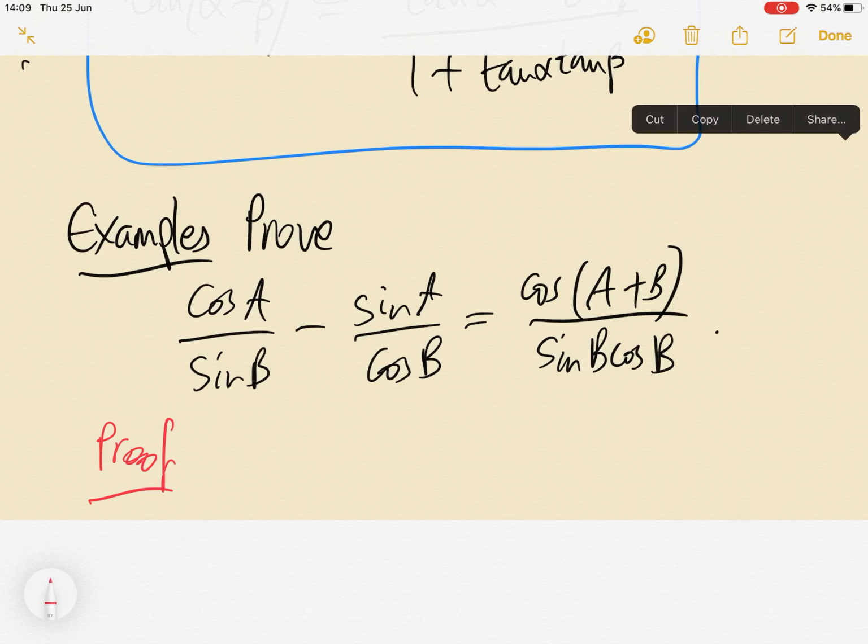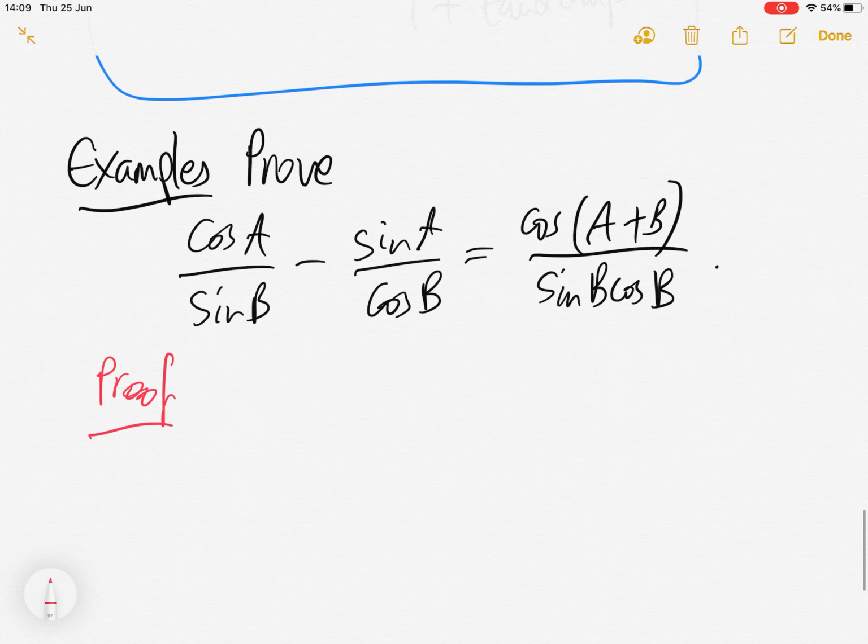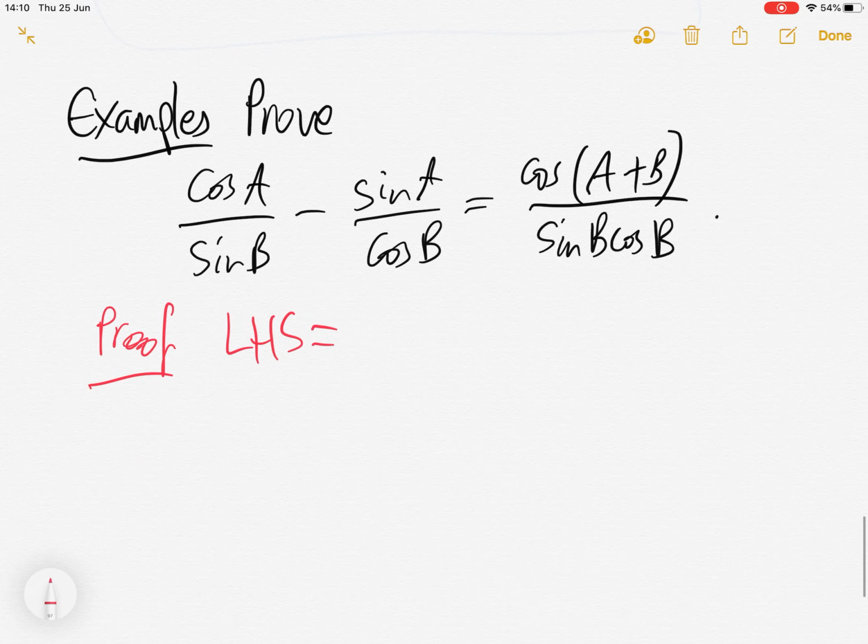So here it helps to notice that we could combine, if we start with the left-hand side, and it is good with a trigonometry proof to start with one side and then do a bunch of steps that take you to the other side. It's kind of seen as bad practice to start with both sides and then try to work to something in between, although technically that's valid if you can make it work.